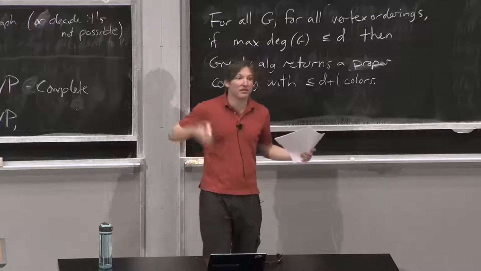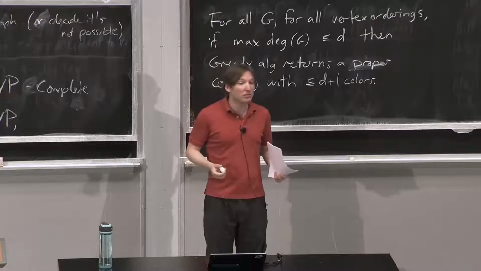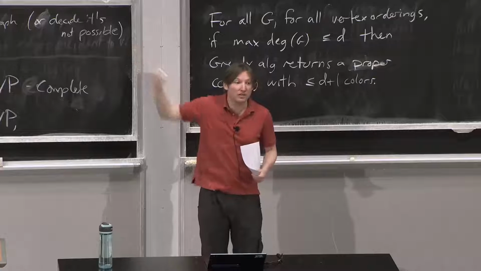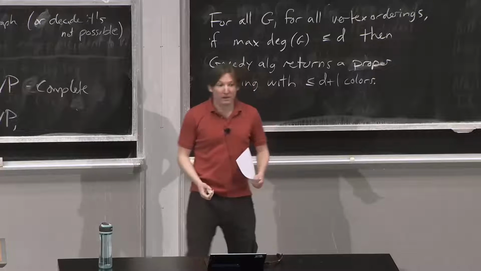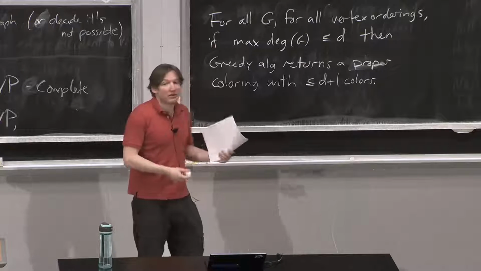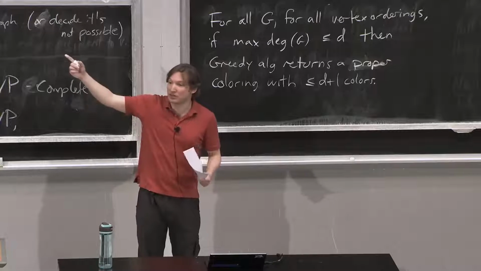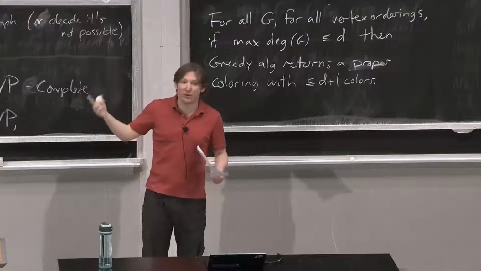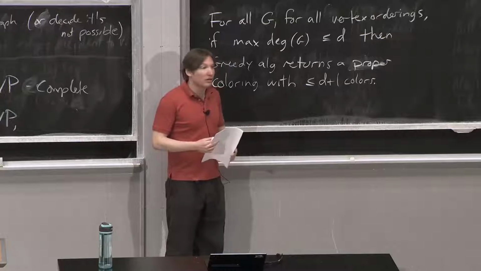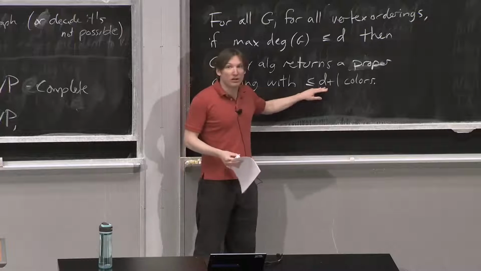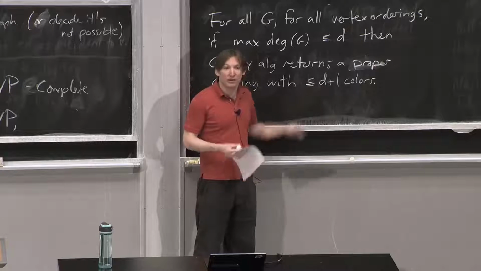If this graph had thousands and thousands of vertices, but all the degrees were 3 or less, we would still get a coloring with at most 4 colors. All right? It's not necessarily optimal. In this graph, it wasn't optimal. We found a 3 coloring, whereas this only promises a 4 coloring. But at least it's some measure of quality of the results we get out of this greedy algorithm.